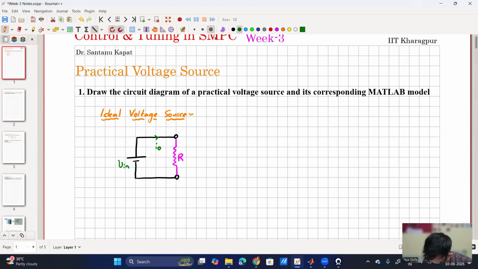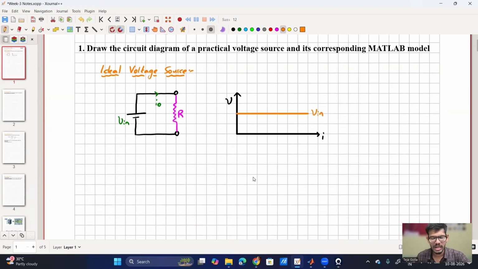Now, no matter how much I draw, if I plot V versus I, this voltage will remain Vin, which means even if I'm drawing 1 ampere, the supply voltage will be Vin. Even if I'm drawing 2 amperes, the supply voltage will be Vin. Even if I'm drawing 100 amperes, the supply voltage will be Vin only. So it's an ideal voltage source.